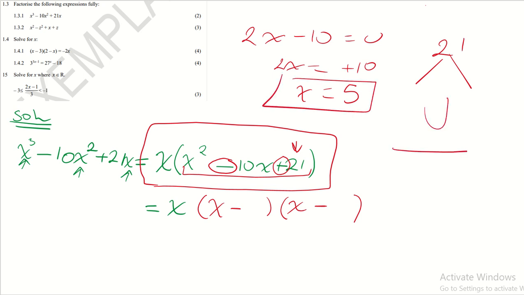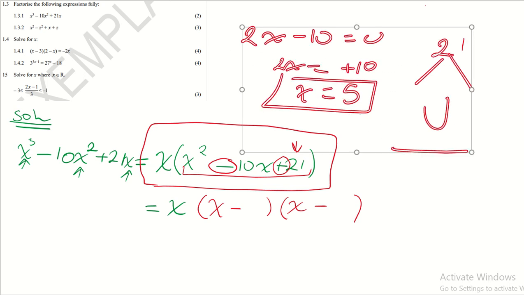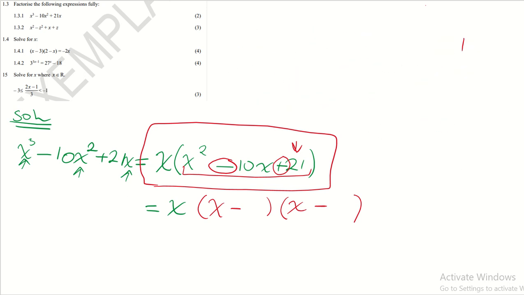So yeah, we are done. There was no need for this part here. This is your final answer for that part.